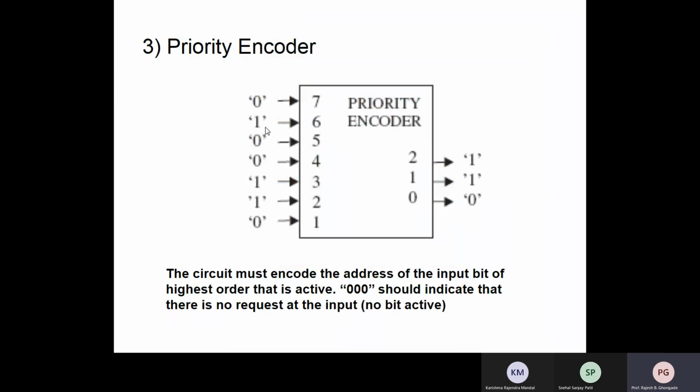110 is what in binary? Sir, 6. Yes. So it simply means that the input number 6 is active. If this was 0 and this was 1, it should have given me all ones. Have you understood the concept of priority encoder? You must have already done this.